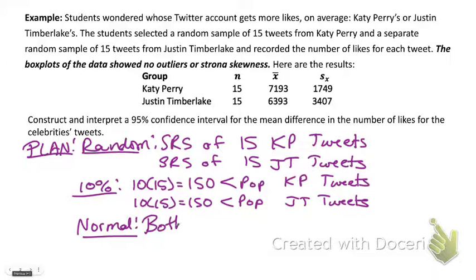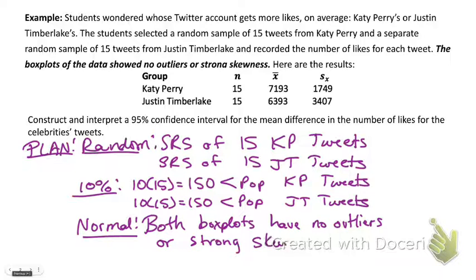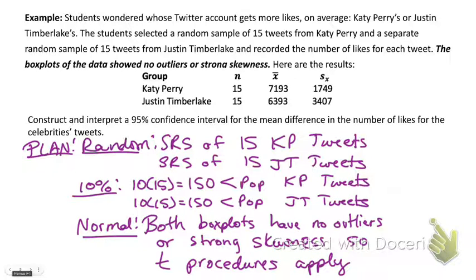We can just say both box plots have no outliers or strong skewness. So T procedures apply. Let's go.